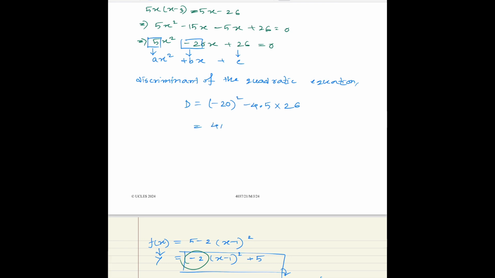So it's 400, and 20 times 26 is 520, so it's negative 120.